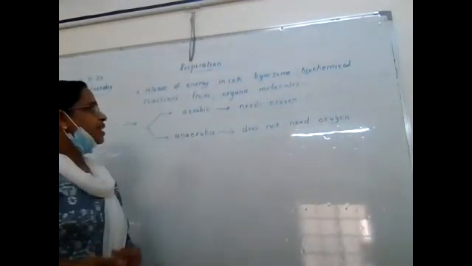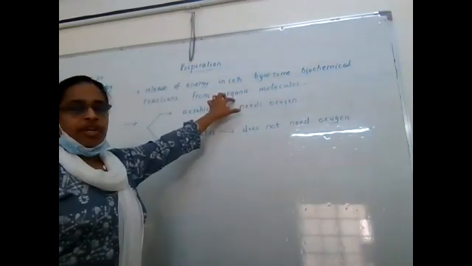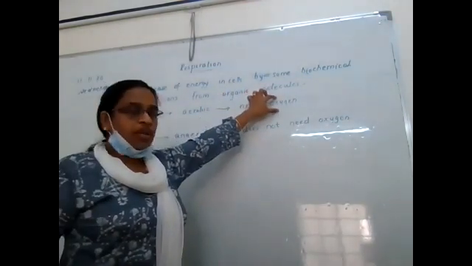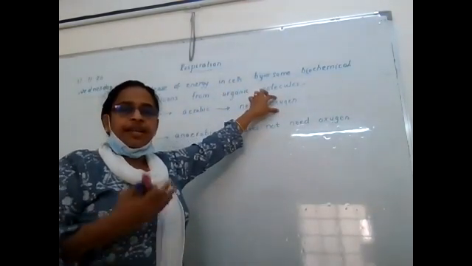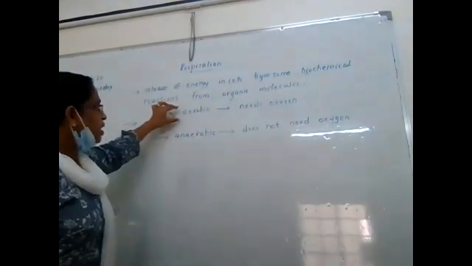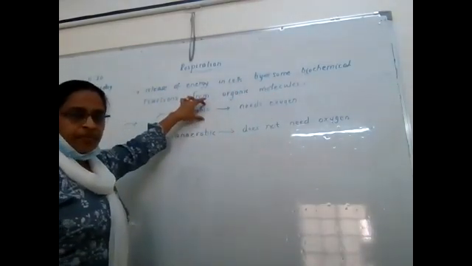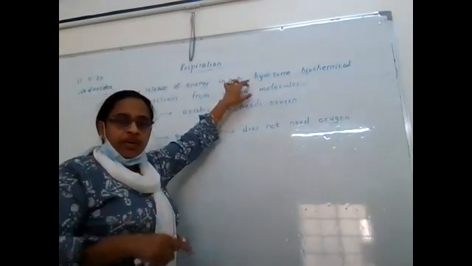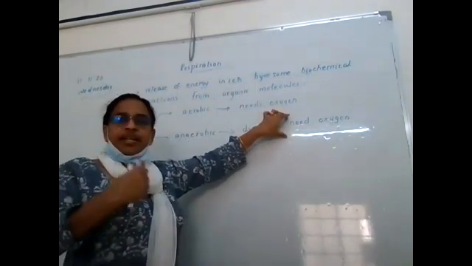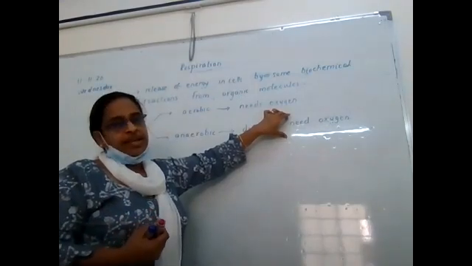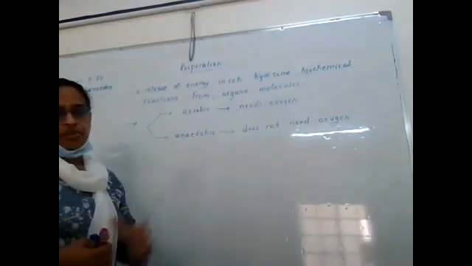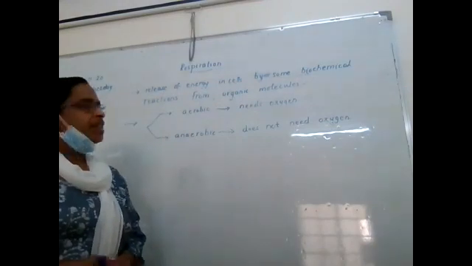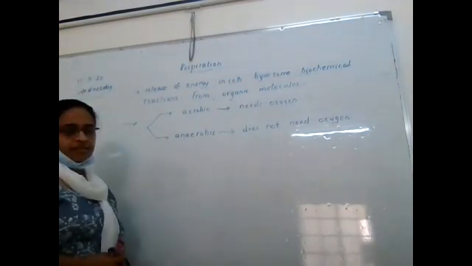That means when organic molecules together with oxygen release energy, we call it aerobic, and when the organic molecules without using oxygen release energy, we call it anaerobic respiration. Okay, so hope you got this.